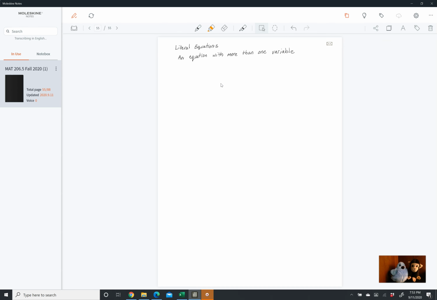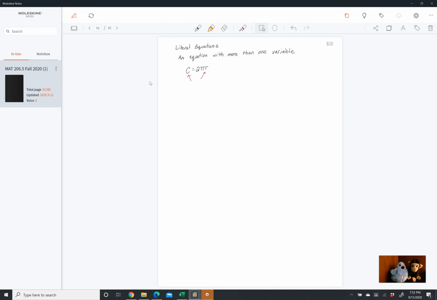Anybody who sort of remembers geometry might remember that the circumference of a circle is C equals 2 pi r. So you can see here, this is an example of a literal equation. We have more than one variable here. These are our variables, so we have two of them.